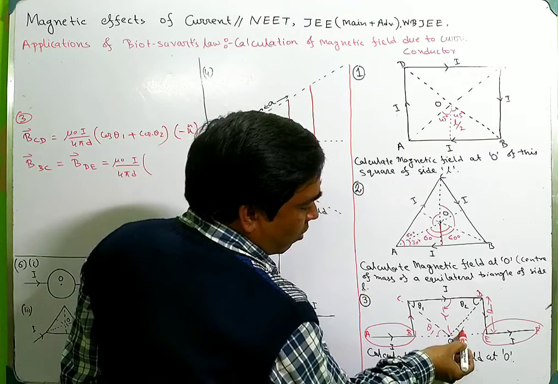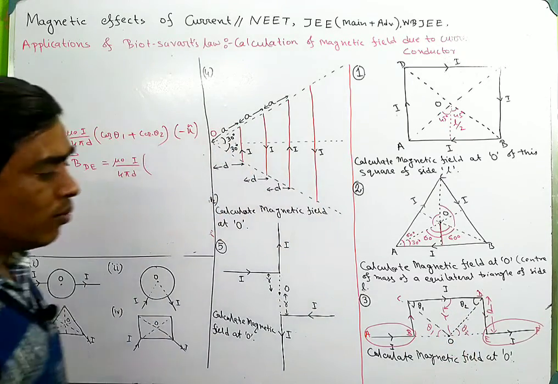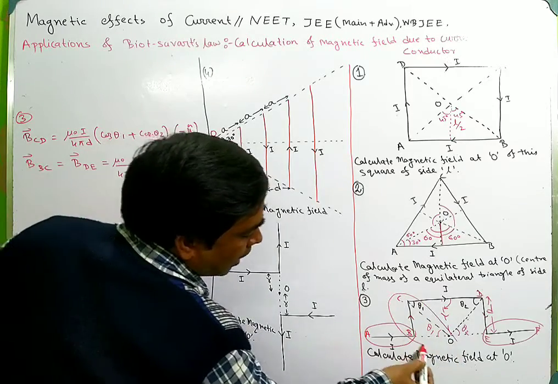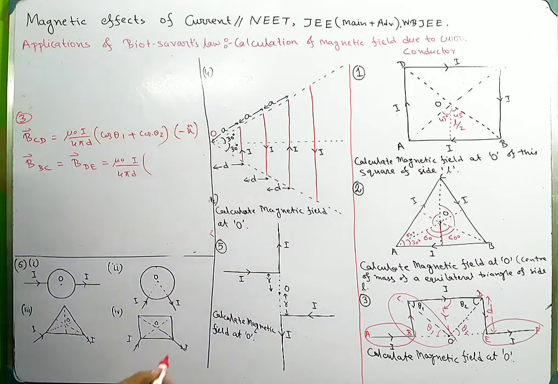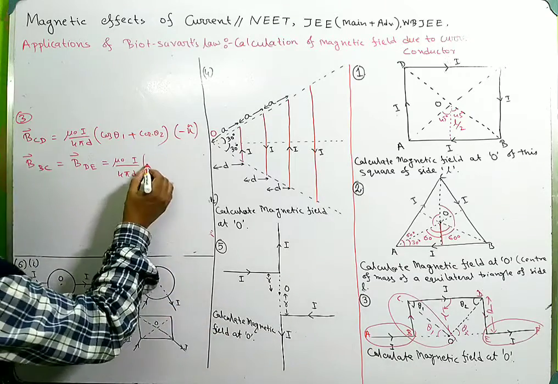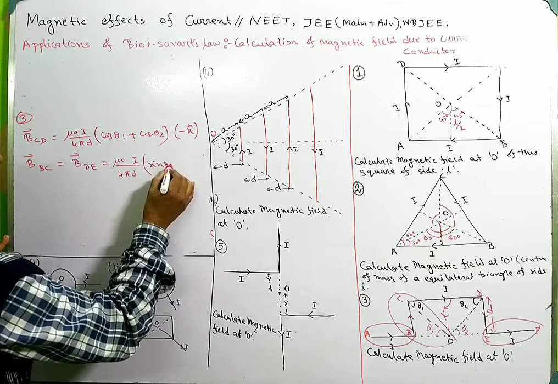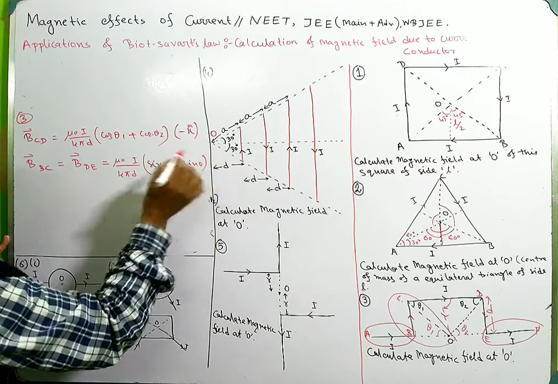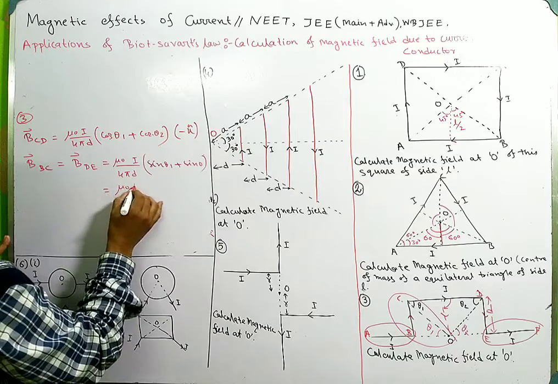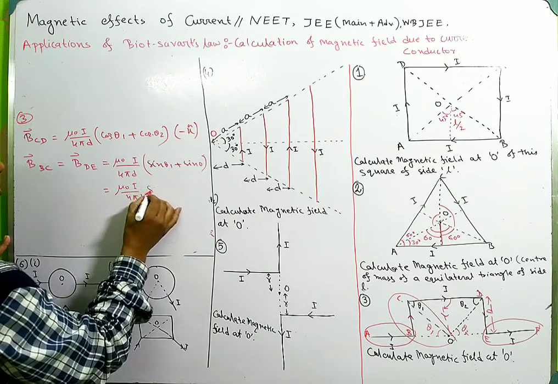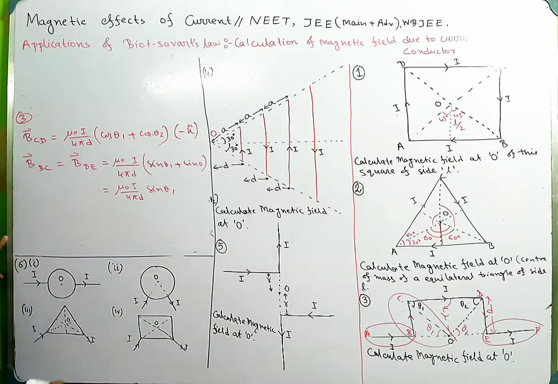From this portion, one angle is 0 degrees and another angle is theta, so it will be sine theta 1 plus sine 0, which is 0. So it will be mu 0 I divided by 4 pi d into sine theta 1.